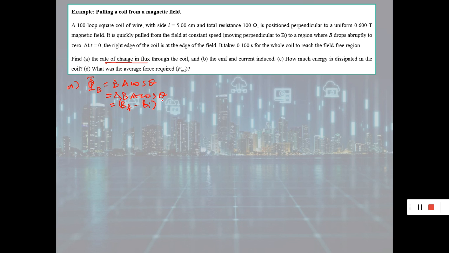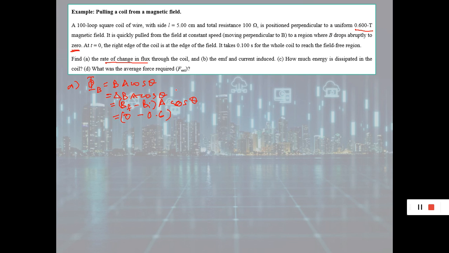What is the B final? Here you can see that B final is 0. So 0 minus B initial 0.6, which is minus 0.6.